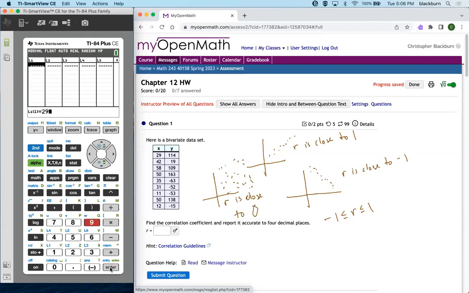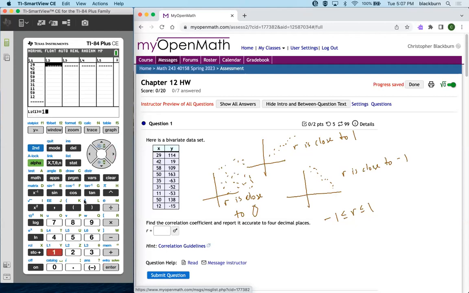So 29, 42, 58, 50, 35, 31, 11. For some reason it doesn't, I must have gone too fast sometimes when I type my numbers. 31, 11, 50, and 12. So there is list 1.